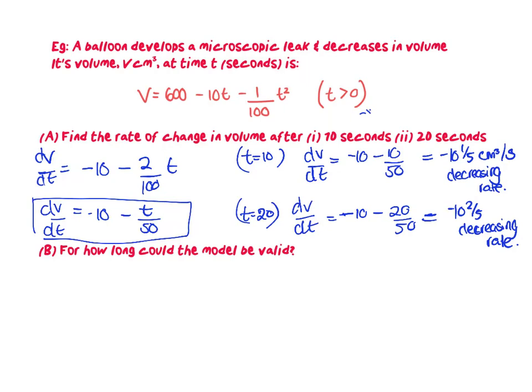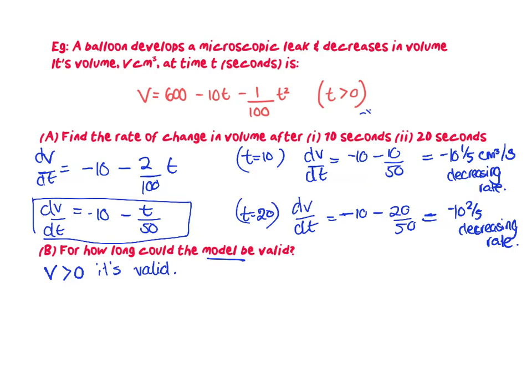Okay, because the model is only valid as long as you have a volume, or the balloon has air in it. So once the volume is less than 0, or you could say as long as the volume is greater than 0, it's valid. So what you want to know is what time does the volume equal 0.